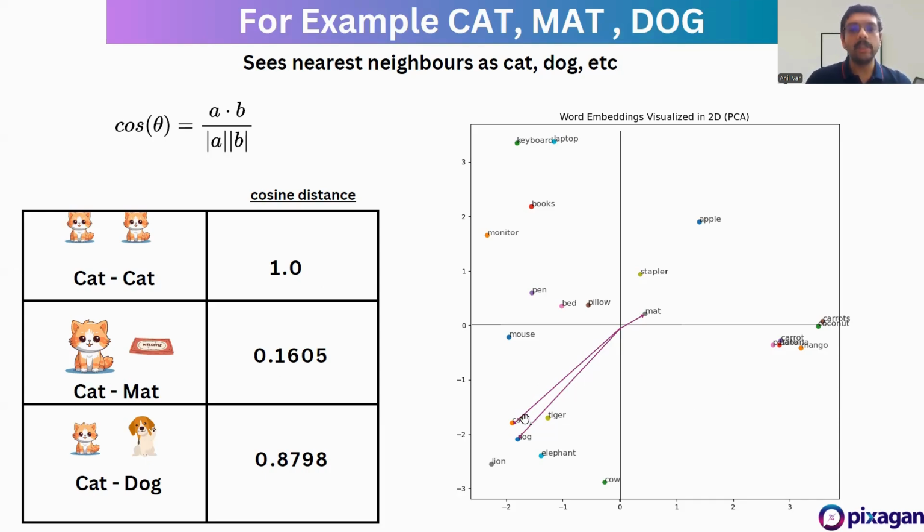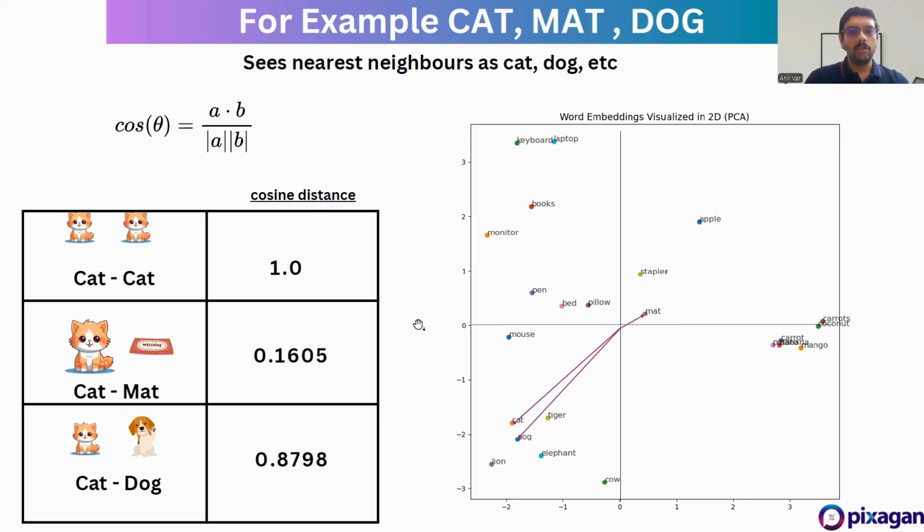You could also use Euclidean distance and you see cat and dog are much closer than cat and mat. Now, this is obviously doing it in the 100-dimensional space. So this is just a representation, right? This is not really giving you the answer because the actual values here are in the 100-dimensional space. So you're doing it for the full vectors. You're not doing it for the reduced vectors.